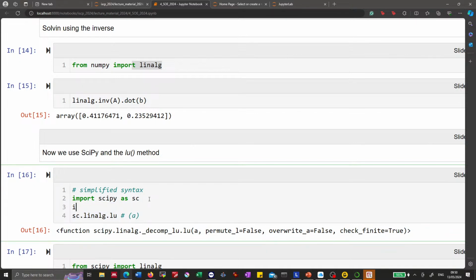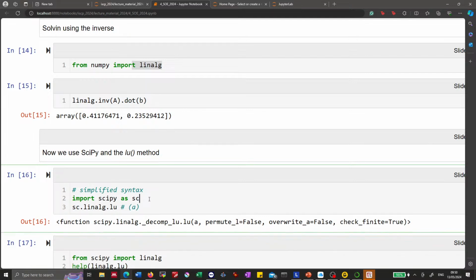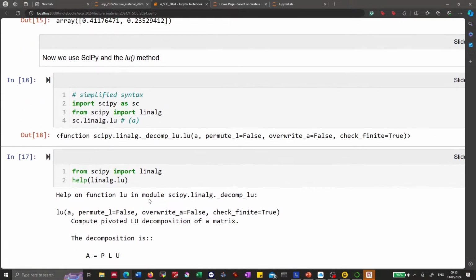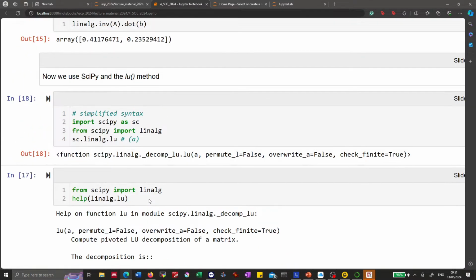I think it should also be possible to import linear algebra from SciPy. What do you think? Seems to work as well, right?